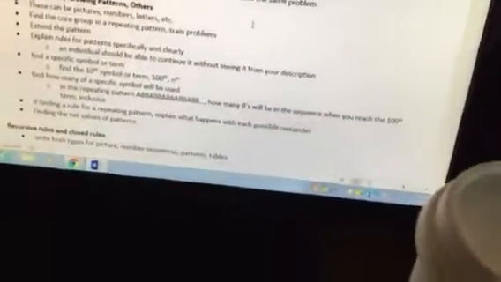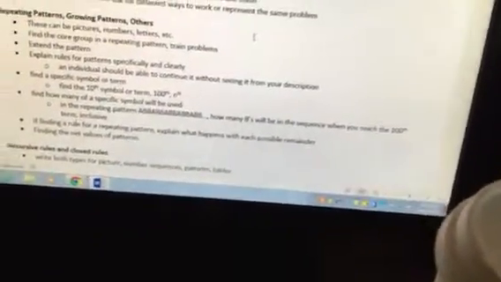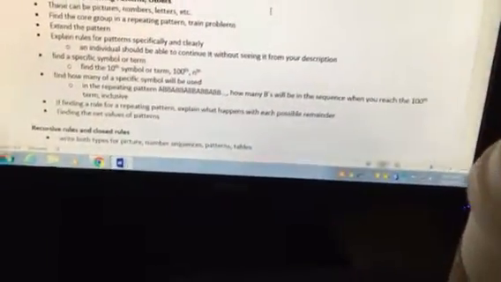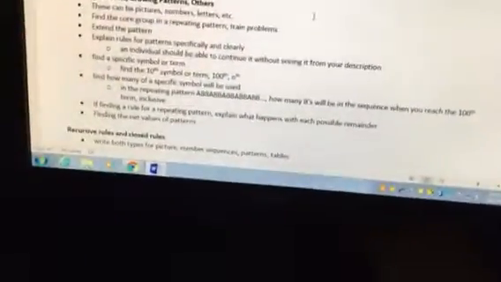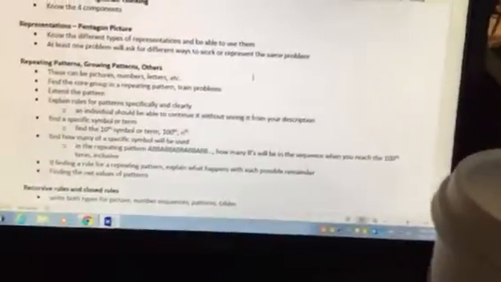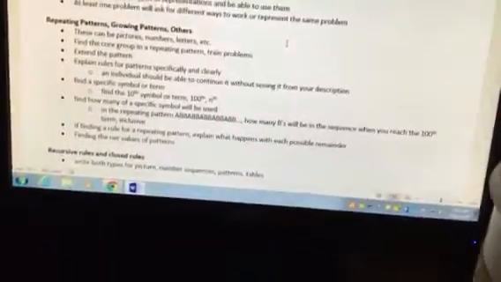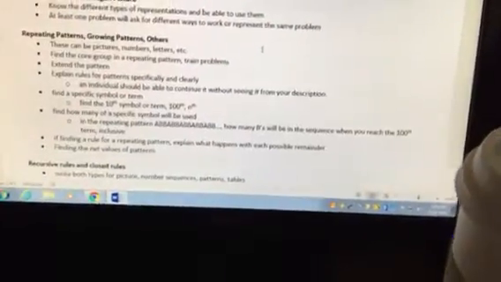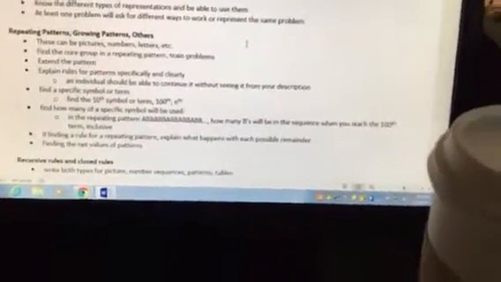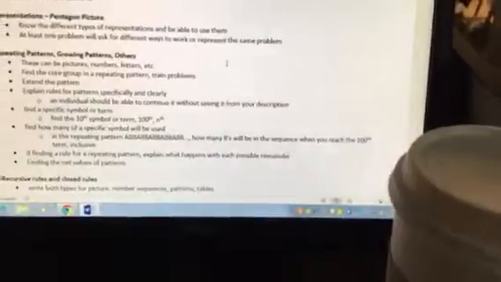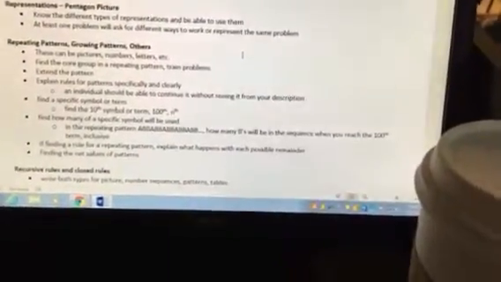Be able to tell me if you're using a recursive routine or the closed form. And then this one, explain the rules for patterns specifically and clearly. Find the symbol for the 10th term, the 100th term, the nth term.